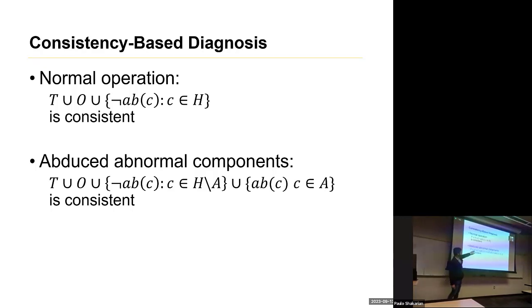So if O has some things that are abnormal in the behavior, we then want to abduce an explanation that looks like this. Some of the hypotheses are abduced to be the negation of abnormal, and then the rest in set A are abduced to be abnormal.